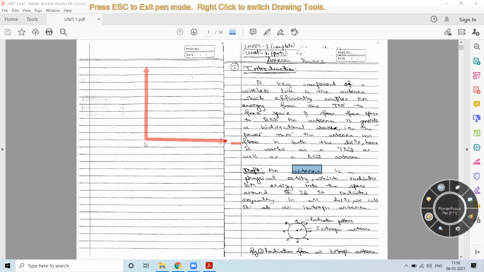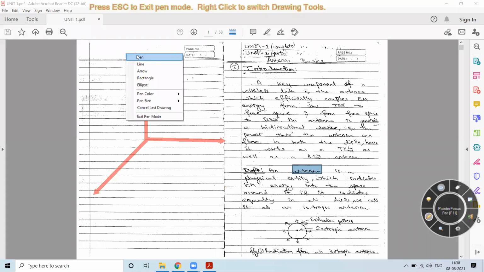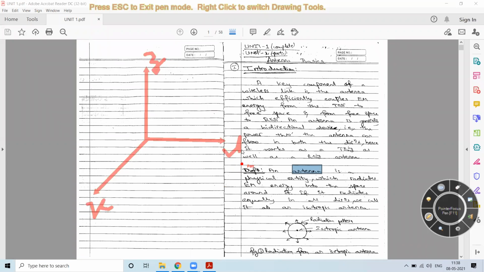Say you have X, Y, and Z directions, and let this be Z. In field theory, if I move along the XY plane, the angle we get is called phi, which we call as what? Azimuth angle.